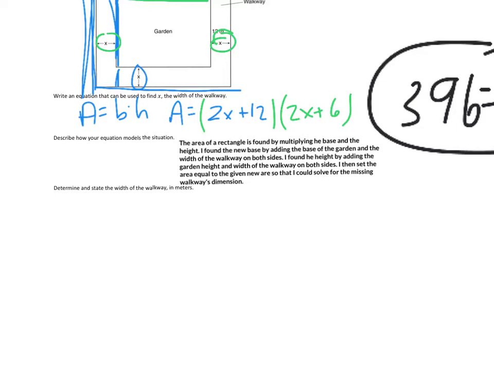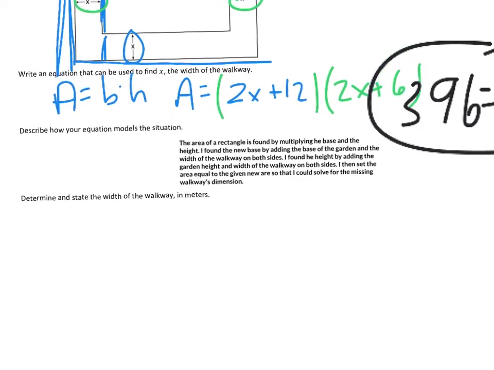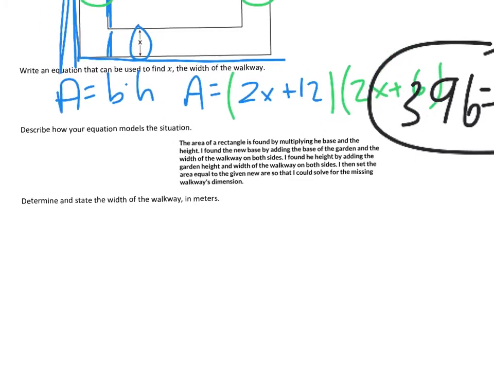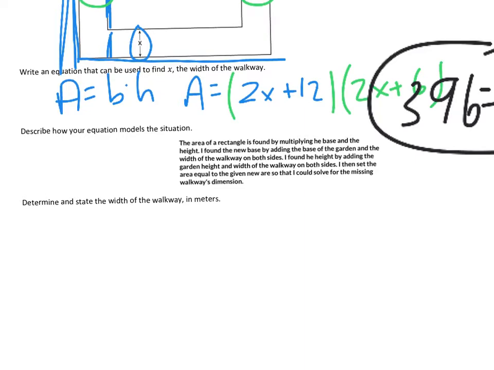So I spelled area wrong on there, but I know you're okay with it. Alright, so then the last question says, determine and state the width of the walkway in meters. So now I'm going to go ahead and solve it.